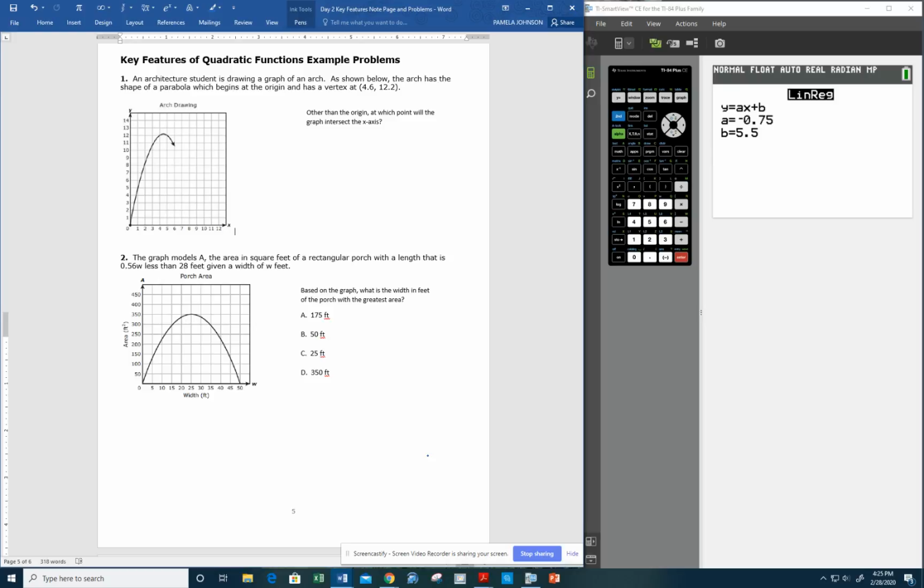An architecture student is drawing a graph of an arch as shown below, and the arch has the shape of a parabola, which begins at the origin and has a vertex at 4.6, 12.2. So here's our vertex. And through this vertex is our axis of symmetry. Our axis of symmetry is at 4.6.